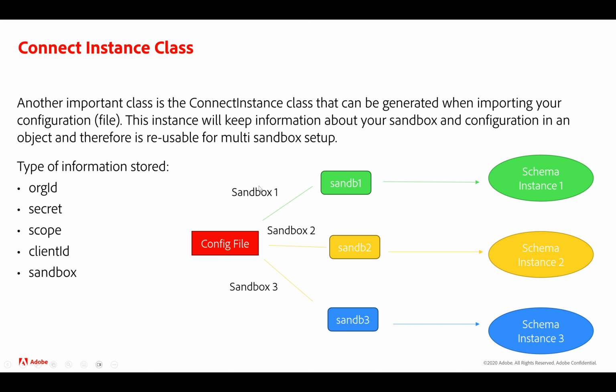In our example, dev, QA, and production: schema instance 1 being the dev can access the dev sandbox, schema instance 2 being attached to the QA environment, and schema instance 3 being able to access the production environment. And you can then manipulate all of those things in an easier fashion in a single context window.